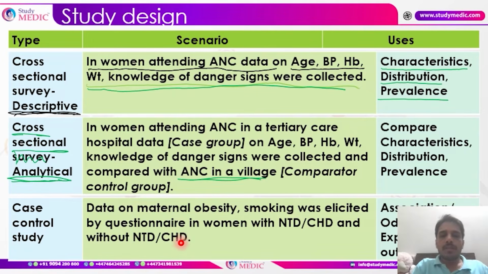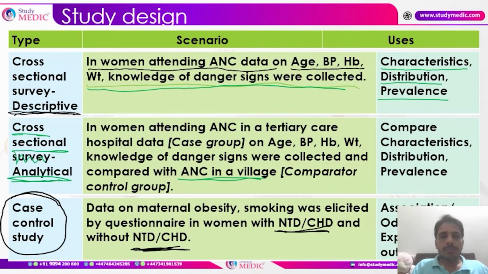So here the association can be found, but the causation cannot be found, because here there is no follow-up and incidence cannot be found. So temporality of causation cannot be established. Such a study is called a case control study, where from those with the rare case and without the rare case, we elicit the history of exposure and compare the odds of exposure in those with case and without case. That is called a case control study.